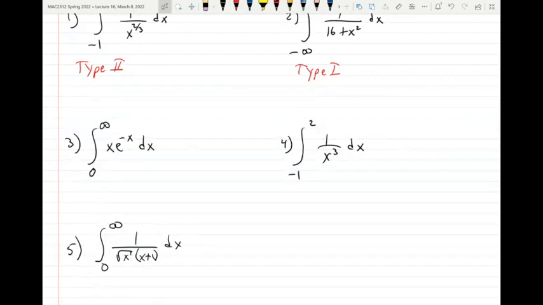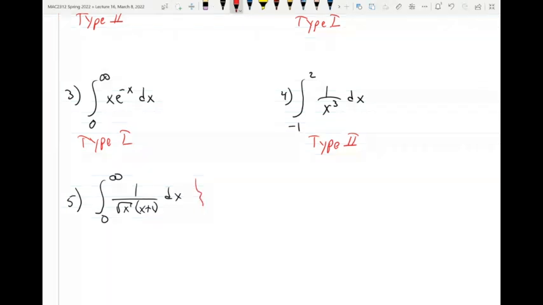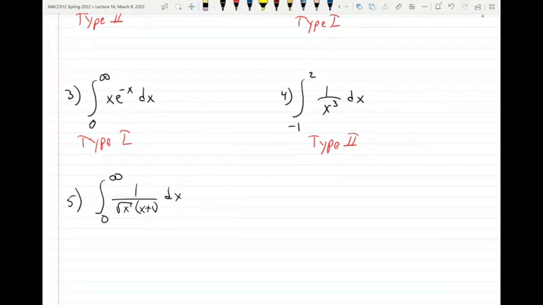Number 3, what's the type? Type 1, good. So that's the first thing that you need to do. You need to be able to identify the type of the integrals, okay? Number 4, what's the type? Type 2, good. Number 5, what is it? Type 1. Let me put it here.